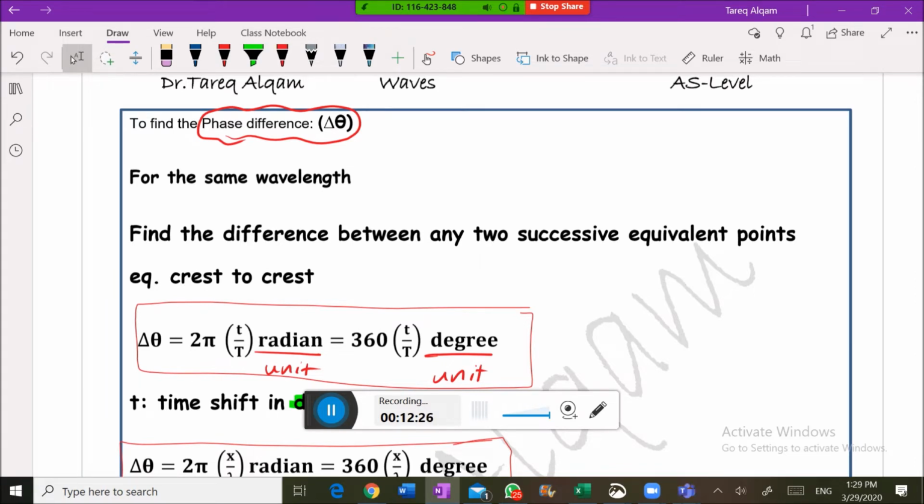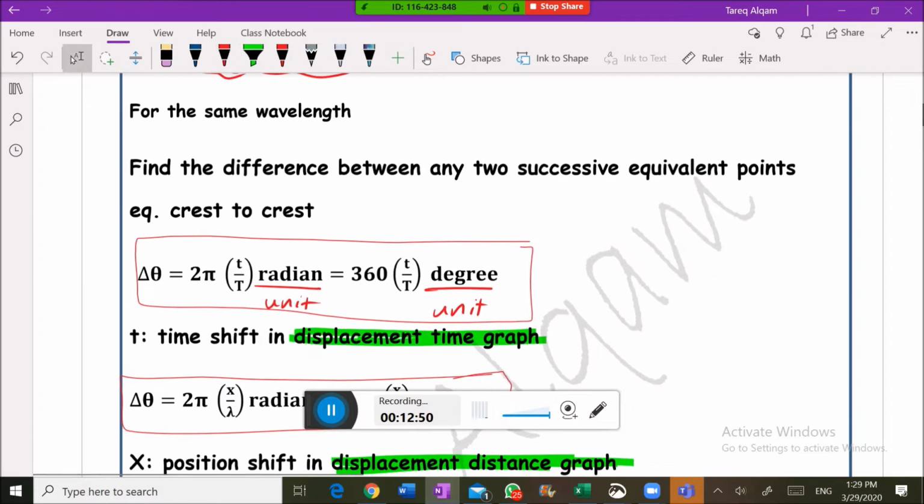Okay. Now we need to find what? The phase difference. Phase difference between 2 points, or phase difference between 2 waves. Sometimes I'm asked to find the phase difference for 2 points, and sometimes we have to find a phase difference between 2 waves. I will show you that.